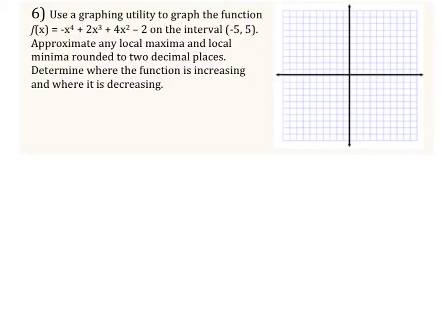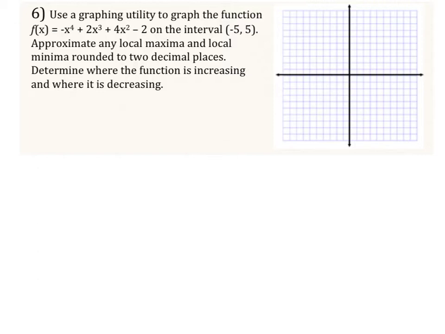Okay. Using a graphing utility to graph the function. So we're using our calculator. So I'm plugging in y equals negative x to the 4th plus 2x cubed plus 4x squared minus 2.